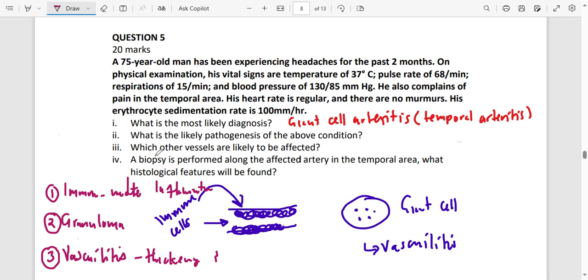All right. And then the third part of the question, which other vessels are likely to be affected? Here we've talked of one, even from the word, this is temporal.